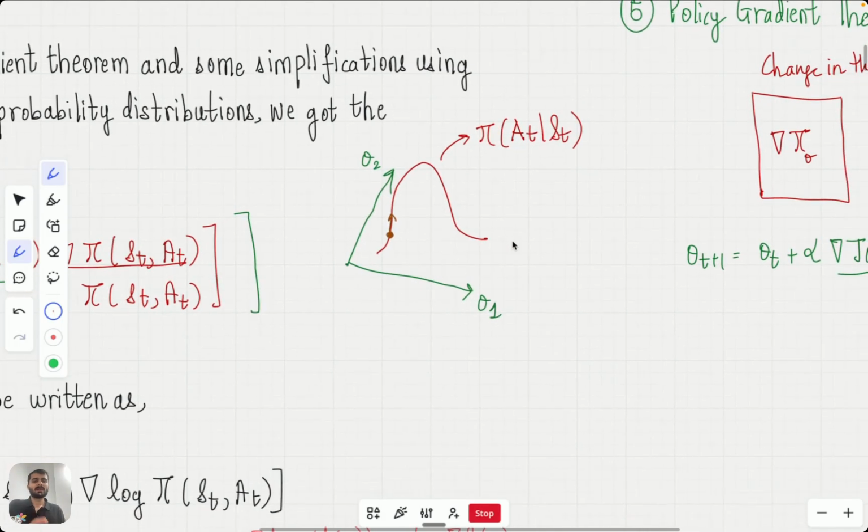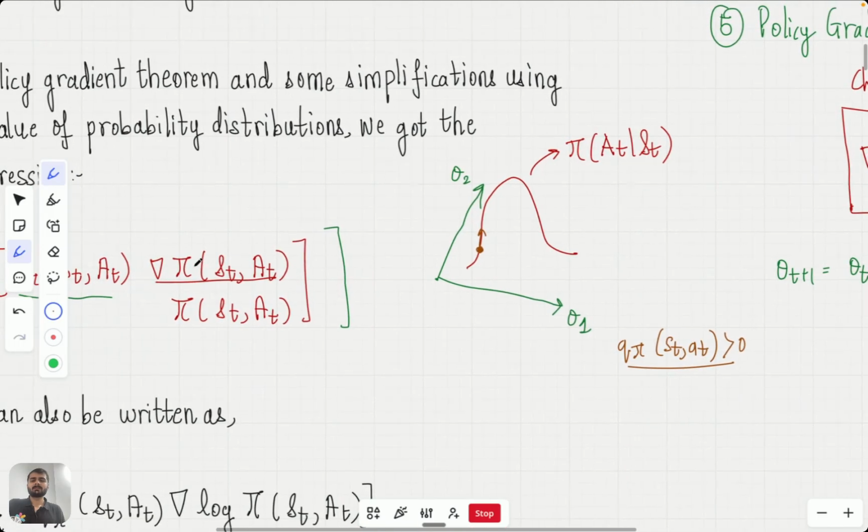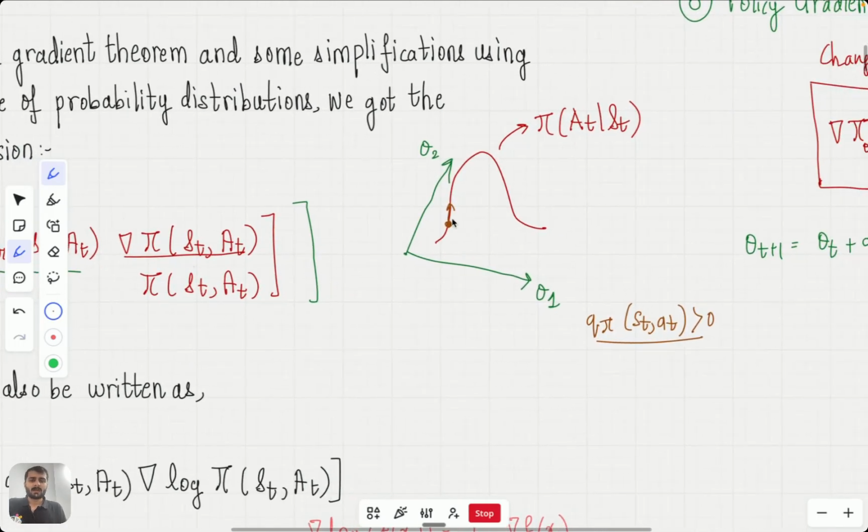So, case 1 is if q pi of st comma at is greater than 0, this expression tells us that we are going to move in the upwards direction. And if q pi of st comma at is less than 0, then this expression tells us that we are going to move in the downward direction like this.